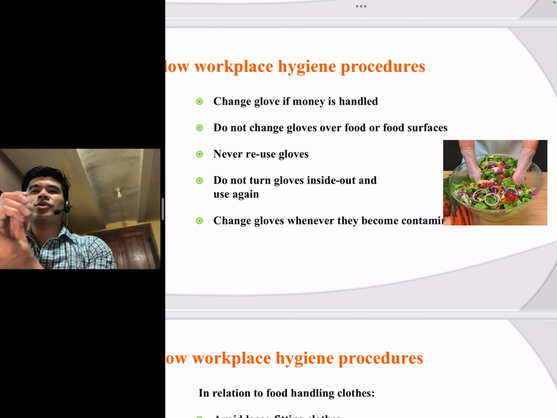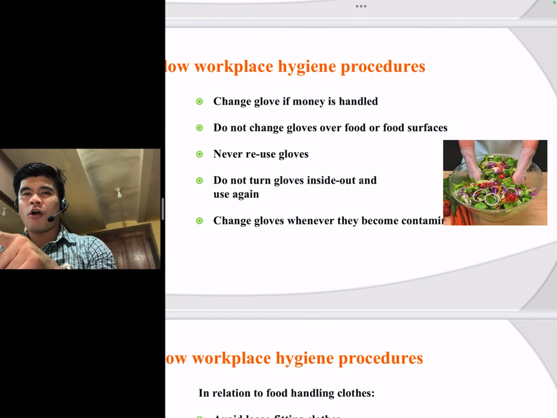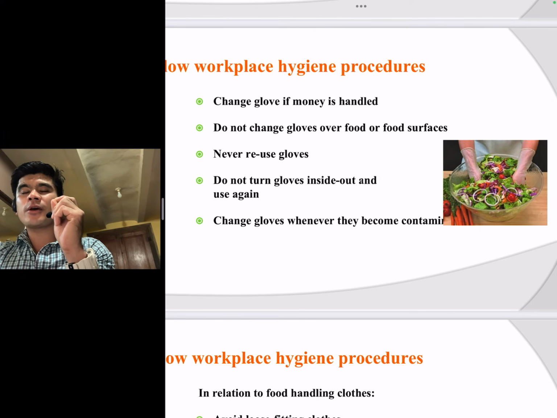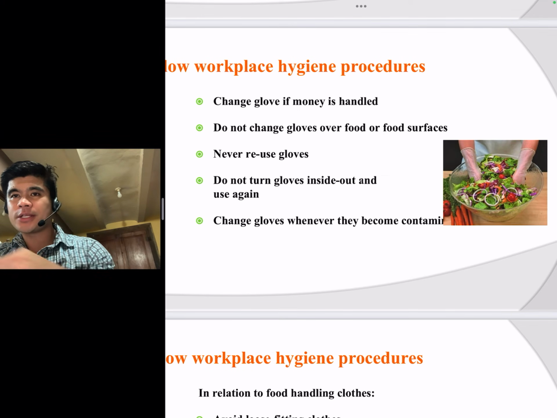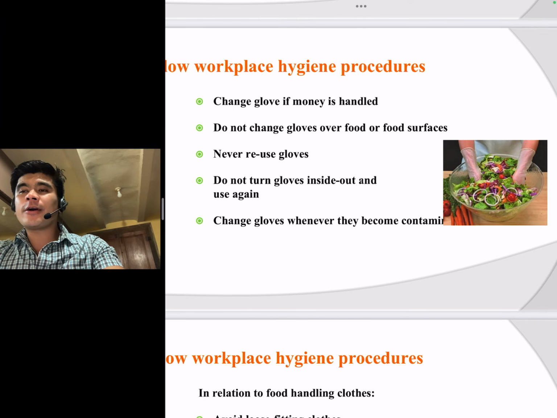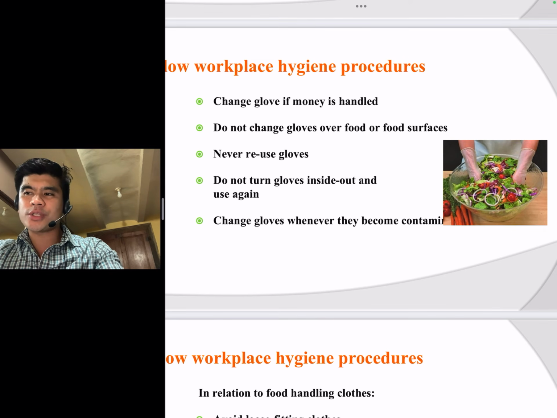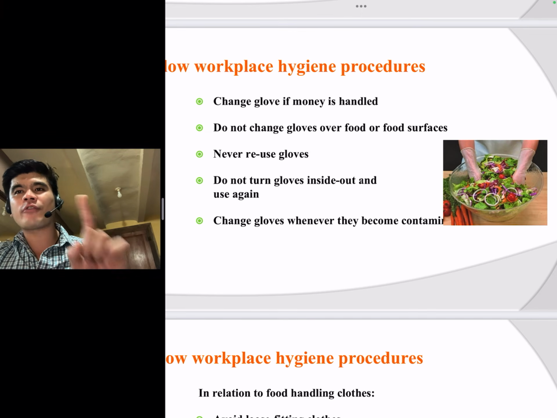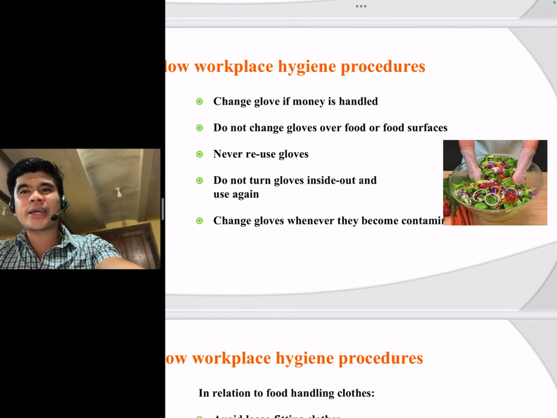So don't change them whenever you're on top of, like here in the salad, because your sweat could be inside the gloves, and you don't want your sweat to fall into the salad or any food. Never reuse gloves. Never reuse. That's why I told you to use different gloves in every task. So never ever reuse them. Do not turn gloves inside out and use again. So basically the same thing.